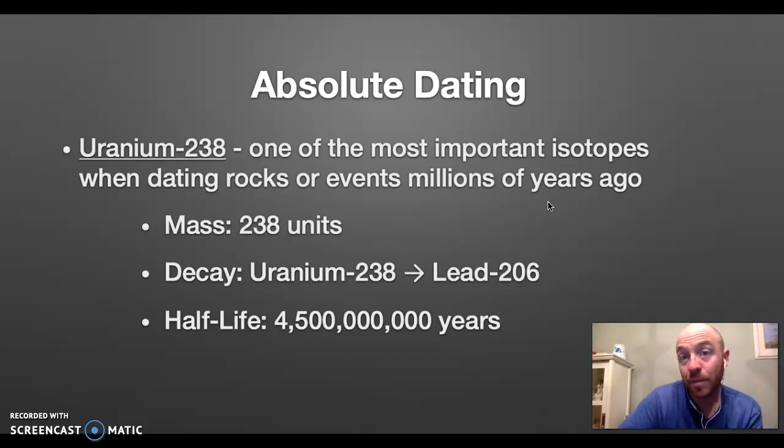Let's go back to the formation of the Earth. The Earth was formed around 6.5 billion years ago. That means a piece of uranium-238 that was around in the beginning stages of the Earth being formed has gone through one half-life already, and whatever's left is going to go through another half-life in another 4.5 billion years.